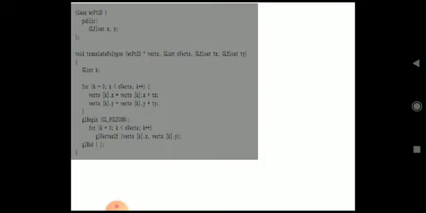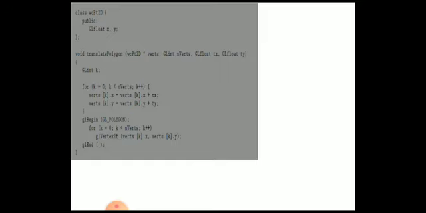So for k is equal to 0, k less than nVerts, that is the number of vertices, k plus plus. verts k dot x is equal to verts k dot x plus tx. So basically what we are doing is visiting every vertex of the polygon, and adding tx and ty to the values of x and y of that vertex in order to get the translated vertices.